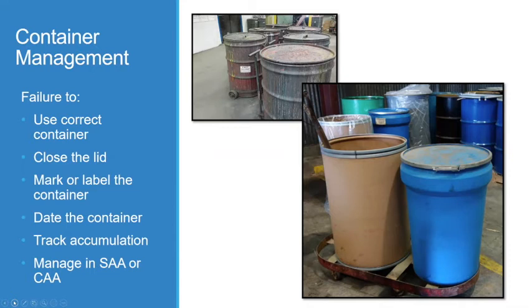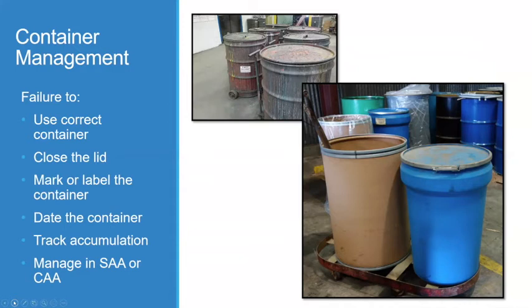We have a document called Closed Container that really drills down into a little more detail on what's required for each type of container and type of materials. You want to mark or label the container, as we've talked about, making sure the date goes on the container once it's in the central accumulation area.